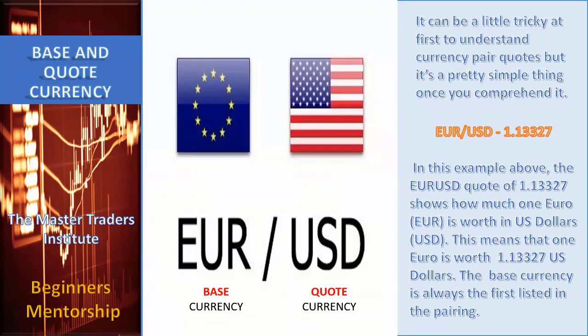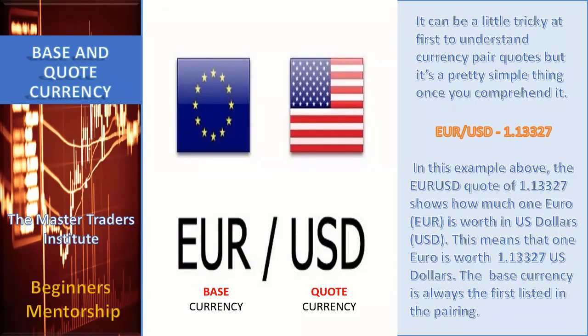Okay, based on quote currency, it can be a little tricky at first to understand currency pair quotes, but it is a pretty simple thing once you comprehend. EUR/USD at 1.13327. In this example above, the EUR/USD quote is 1.13327.